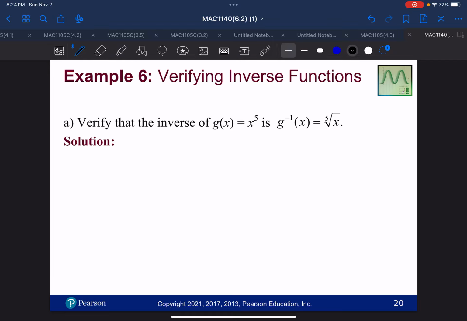So for example, it says verify that the inverse of g of x is equal to x to the fifth is the inverse of g of x, which is equal to the fifth root of x. So to verify that these two functions are inverses of each other, I am going to find the composition of these two functions. So first I will find g of g inverse of x.